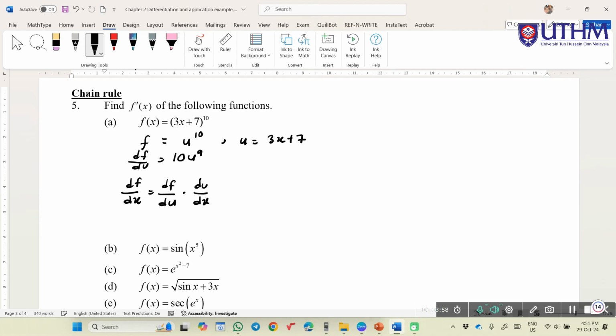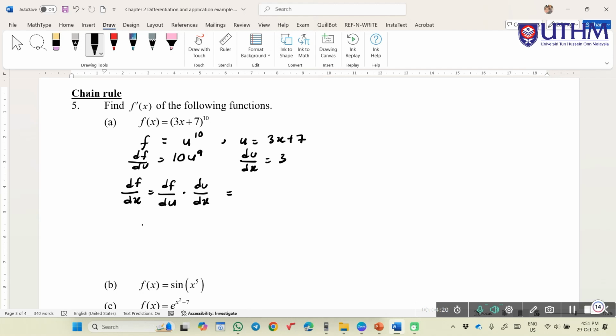This is how we differentiate the bracket. So where is du over dx? It comes from the second part, so du over dx is 3. Using the chain rule, we can differentiate the function f.